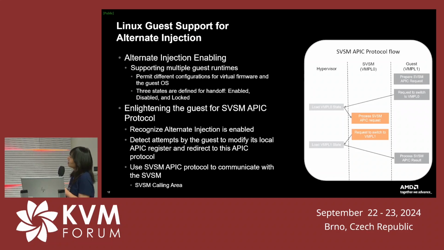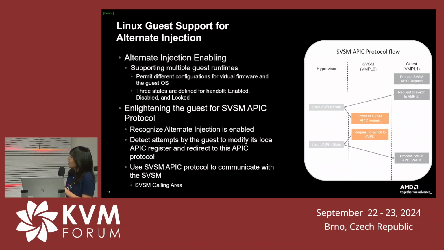It involves writing to the SVSM calling area. After it's done, it requests to switch to VMPL0, which is the SVSM. The SVSM is going to process this SVSM APIC request, then switch back to VMPL1. VMPL1 is going to process the SVSM APIC result.